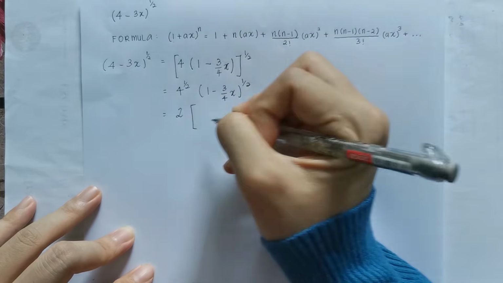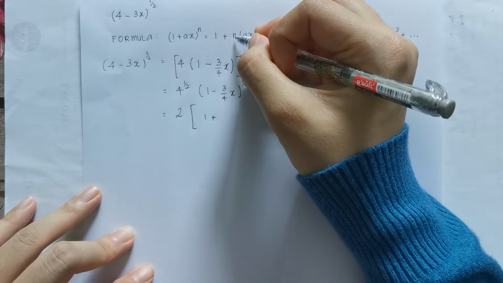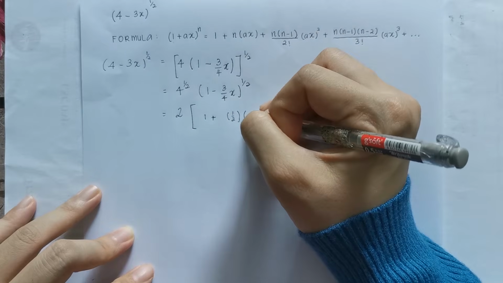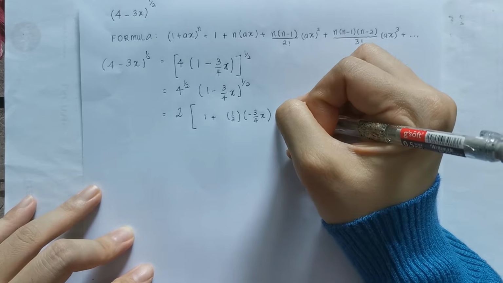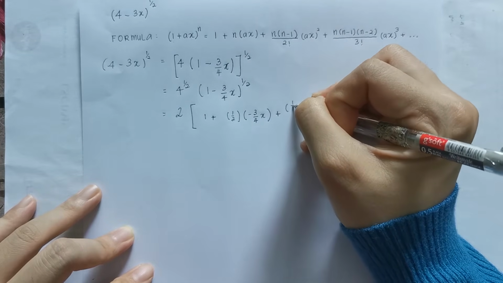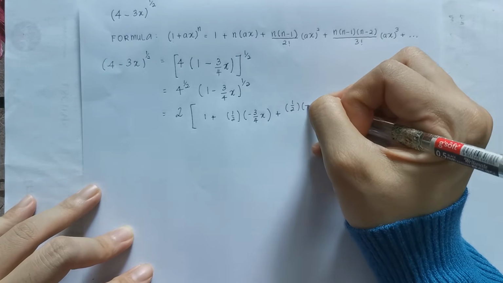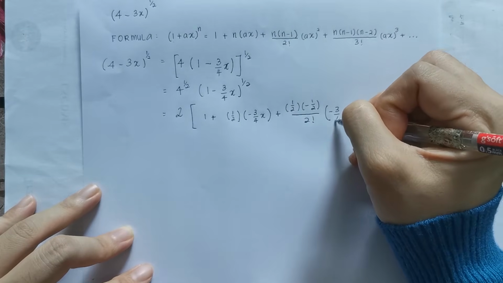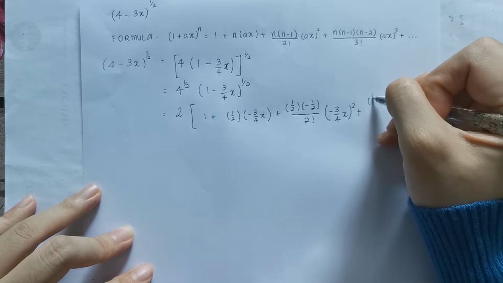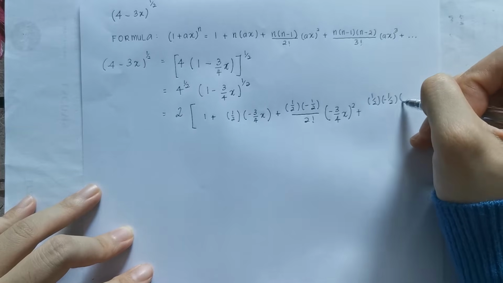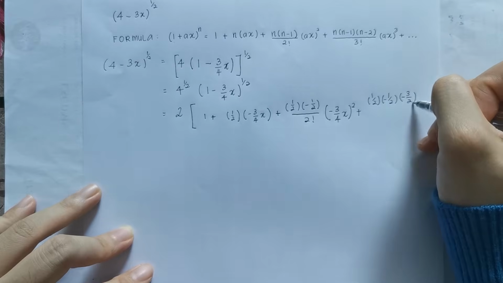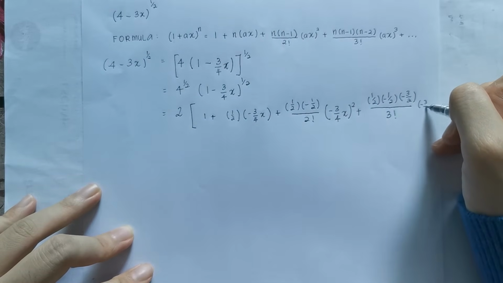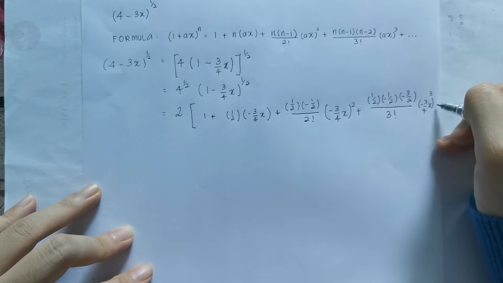Put a big square bracket, 1 plus, with n being 1/2 and ax being -3/4 x, plus n - 1, which is 1/2 - 1 = -1/2, divided by 2 factorial times (-3/4 x)^2, plus n - 1 and n - 2, which is -3/2, divided by 3 factorial times (-3/4 x)^3, plus the triple dot.